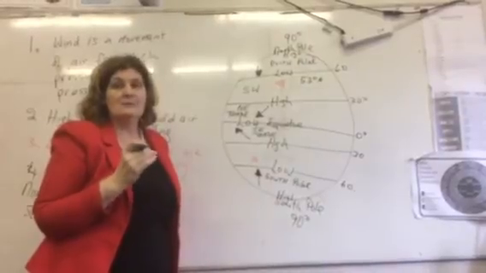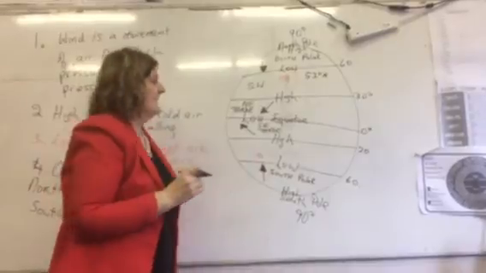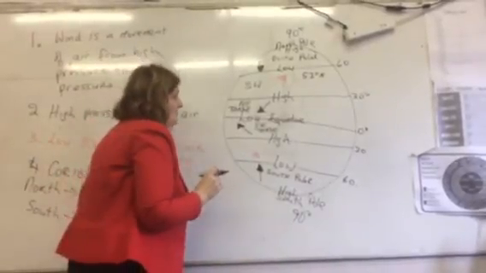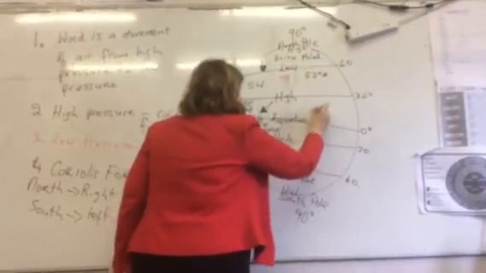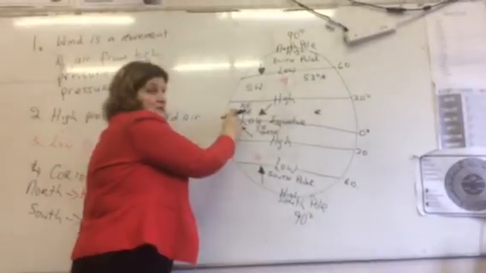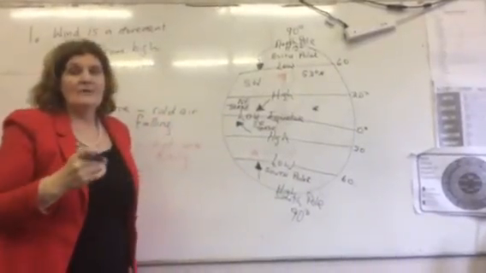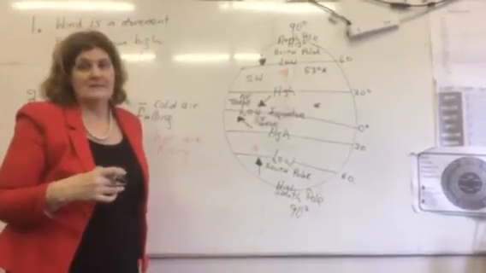So the southwest wind has a warming effect on Ireland's climate. Another country that you have looked at recently is Mali. Mali is here, and it's in the path of the northeast trade wind, and the northeast trade wind has a cooling effect on Mali's climate.